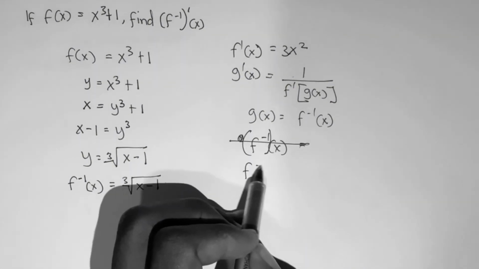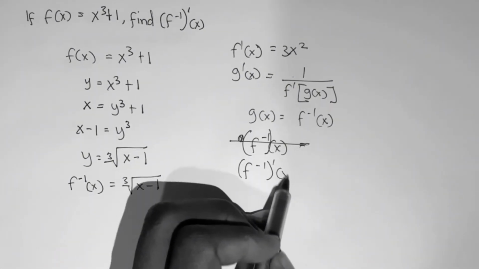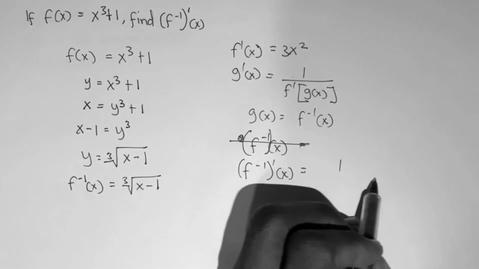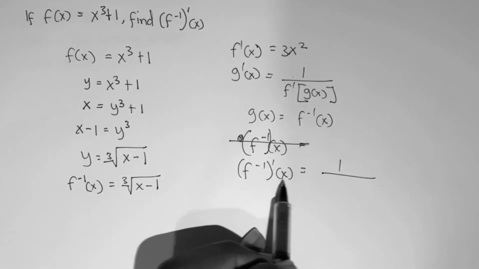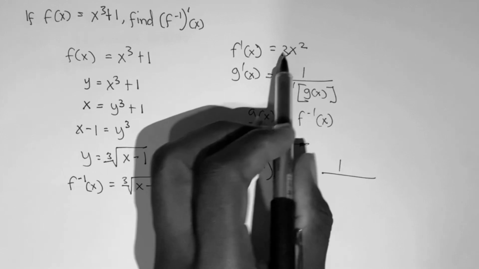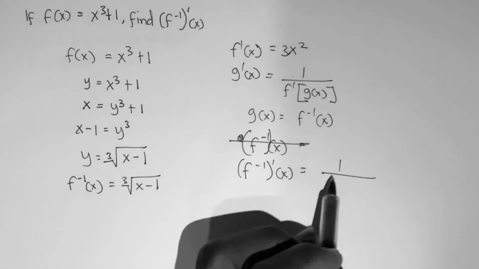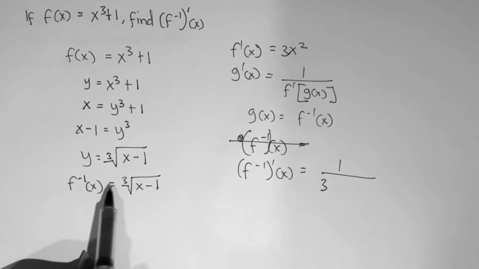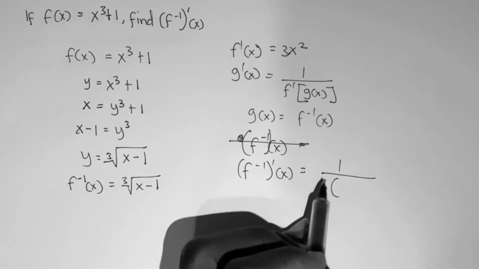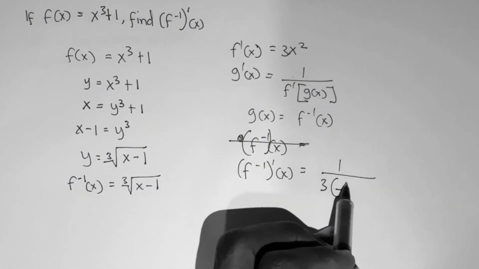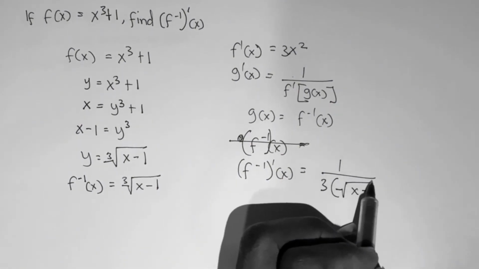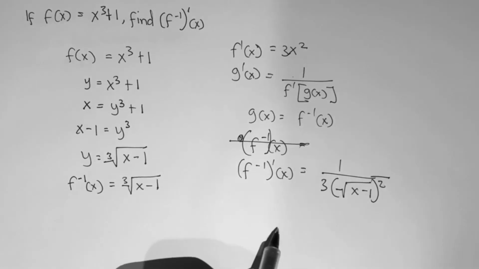So in this case, f inverse prime of x is equal to 1 divided by f prime of g of x. So now f prime is 3x squared. So this becomes 3 times, we found g of x as cube root of x minus 1, squared.